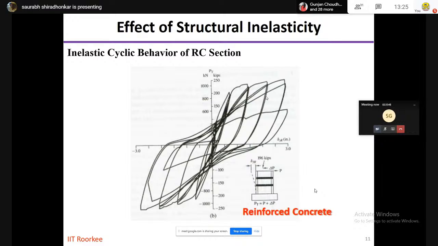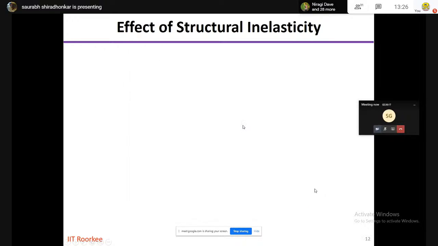And since earthquake ground motion always stops after a certain time, the amount of force that is exerted is either in terms of displacement or in terms of forces. And since we are designing the building for a lower level of forces, the building naturally goes into the inelastic range, and the behavior of a member in that building is represented by this kind of curve, which is called the hysteretic curve.